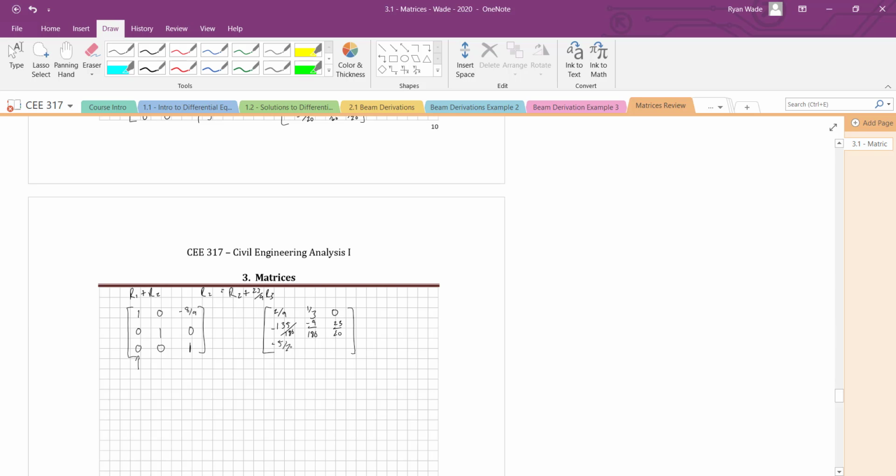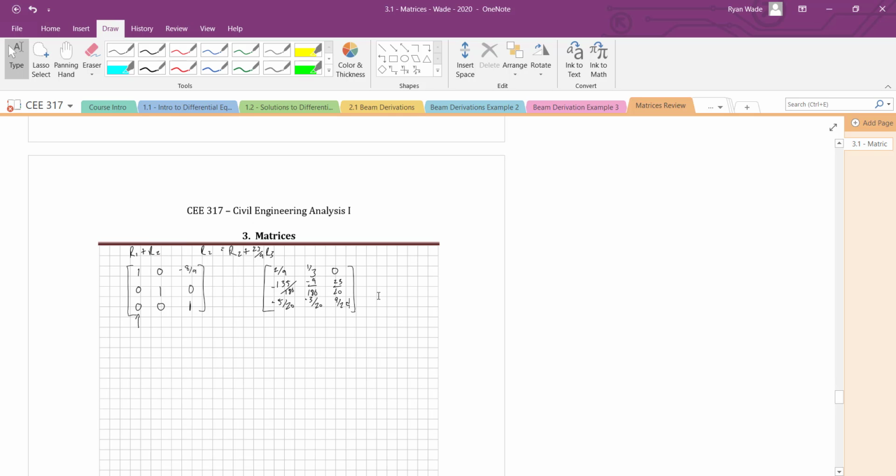Negative 5 over 20, negative 3 over 20, 9 over 20. And then I'm just going to take R1 and make it R1 plus 8 over 9 R3. And that gets rid of this. So now I've got the identity matrix left on this side.